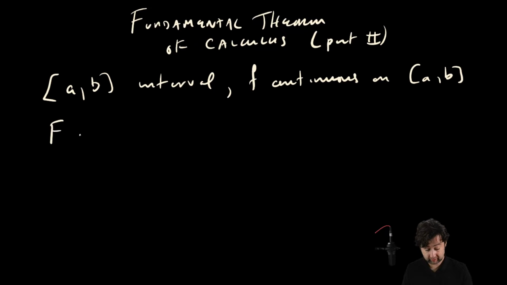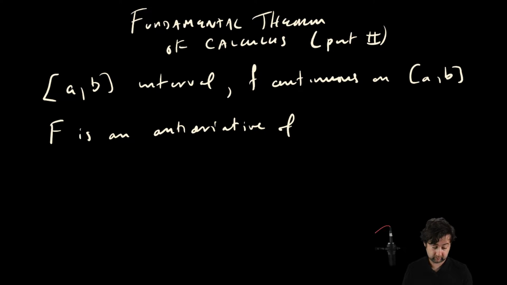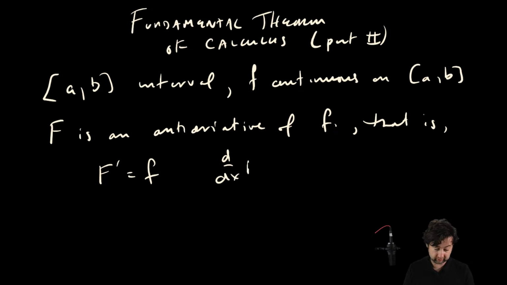And let's say that capital F is an antiderivative of lowercase f. And so when I say that a function is an antiderivative, what I mean is that F prime is equal to f. Or if you like Leibniz notation, d by dx of capital F is equal to little f. So F is an antiderivative if its derivative is little f.